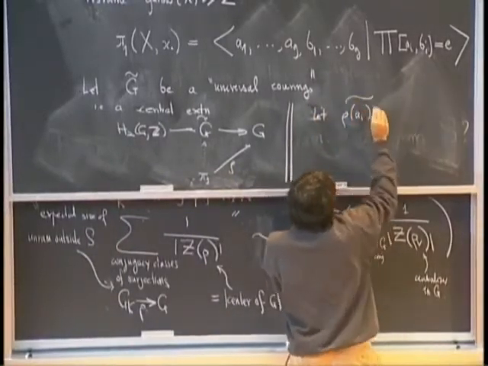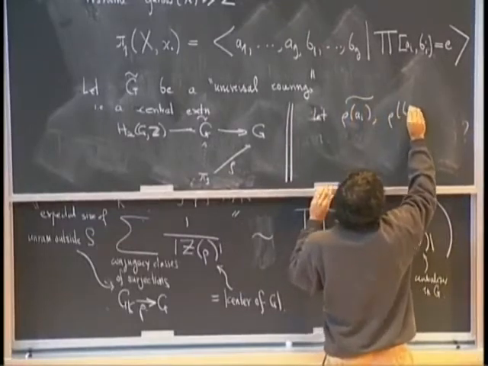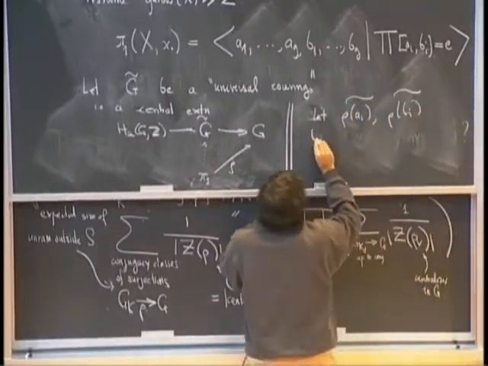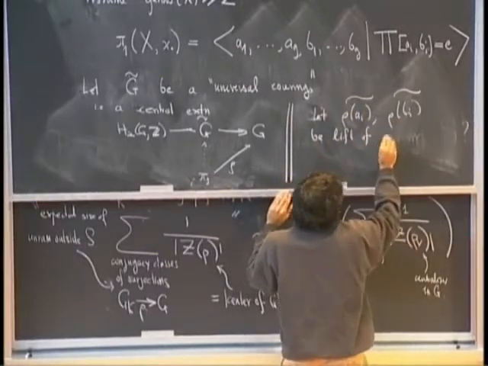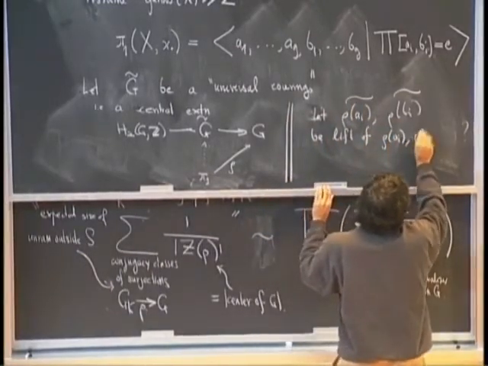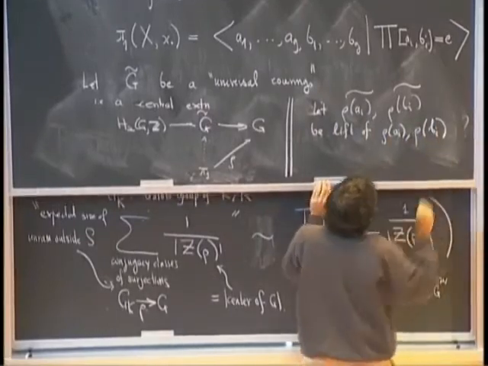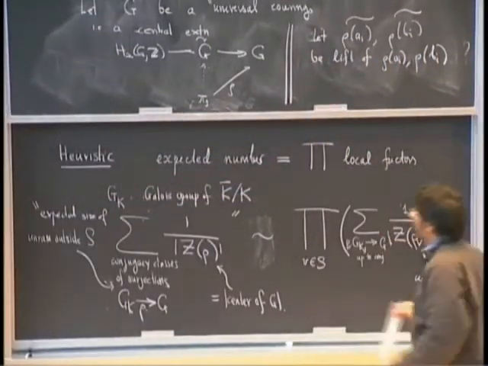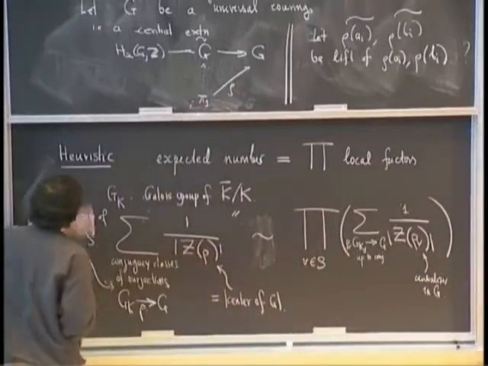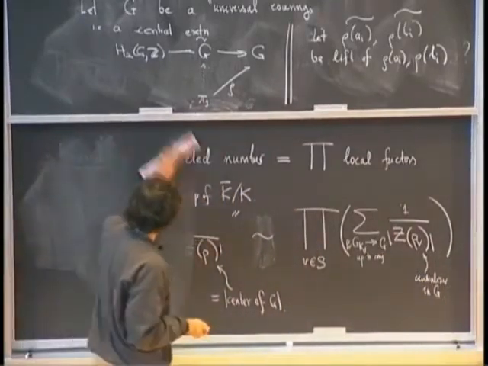You lift each one of the images, rho of A_i and rho of B_i, and then you take the product of their commutators.